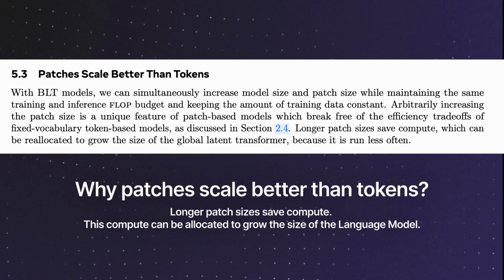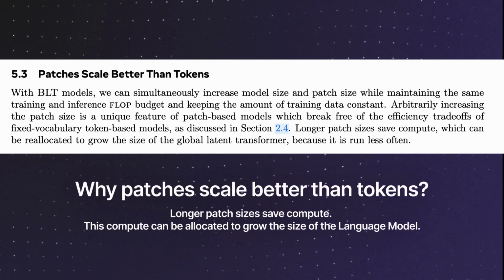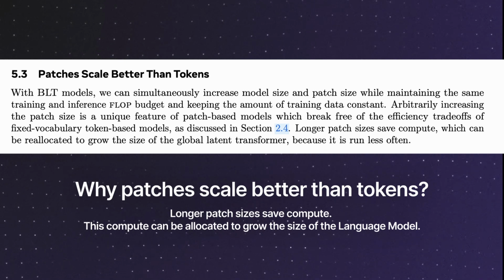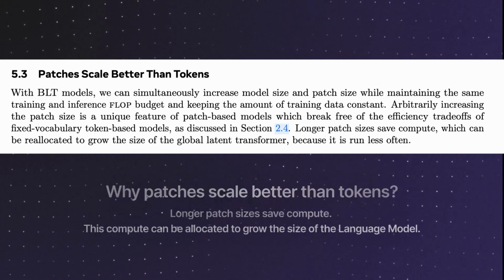And this reiterates the fact that patches scale better than tokens, because on average the sequence length of patches will be much smaller than the sequence length of tokens. We will talk about this idea a little more towards the next section of this video, but I hope you're able to get some intuition about why this is the case. Feel free to rewind and rewatch this section, because it is definitely one of the more unique and non-trivial concepts proposed in this paper.